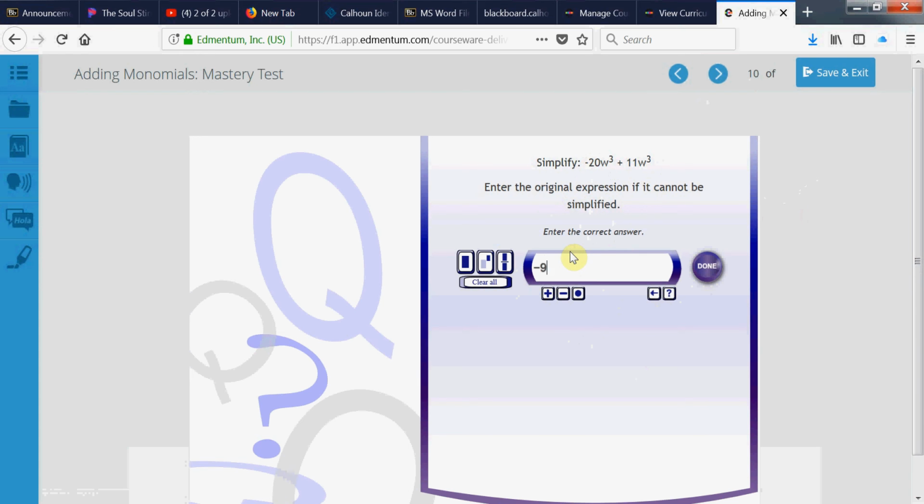So this is times the common variable expression, w to the third. Next, w to the fifth and w to the fifth are like terms. This is 22 minus 3. So that's just 19 w to the fifth.